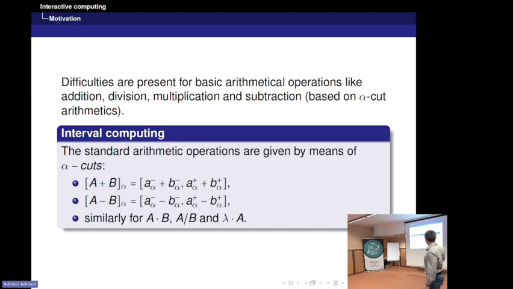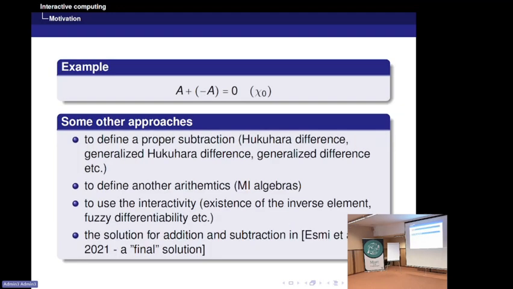Usually they are defined with the help of alpha cuts. Many people contributed to this, and the results are not convincing, because, for instance, when you consider the existence of the inverse element for the Zadeh extension, there is none.